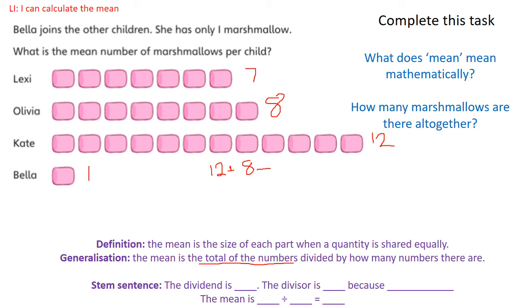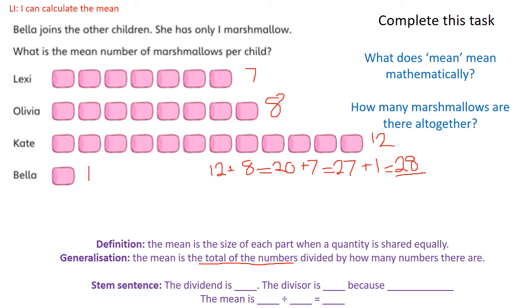Well, that's going to give me 20. I've added those two first because that's a really nice, easy sum to do. Then I'm going to add the 7. Well, now I've got 27. But I can't forget about Bella. So I'm going to add the 1. And that will give me 28. So the number of marshmallows in total is 28.